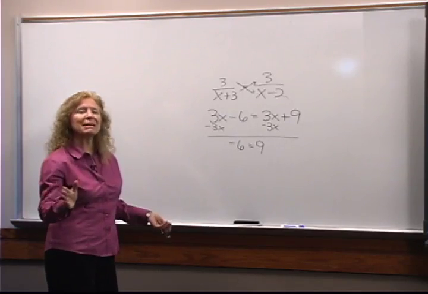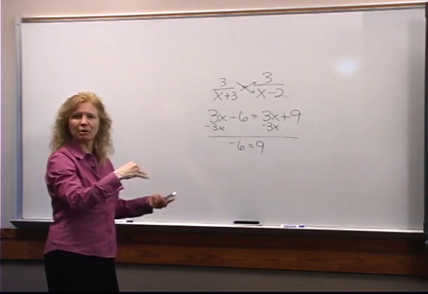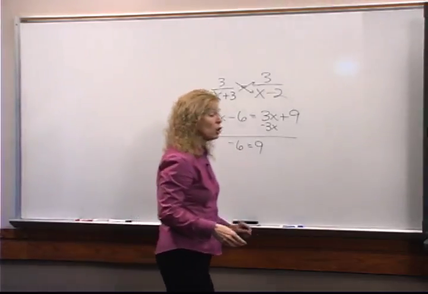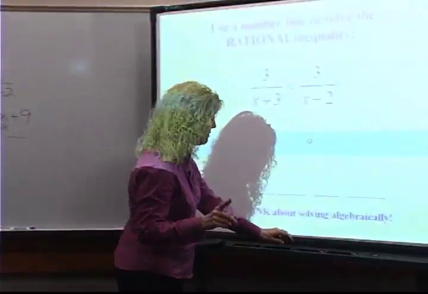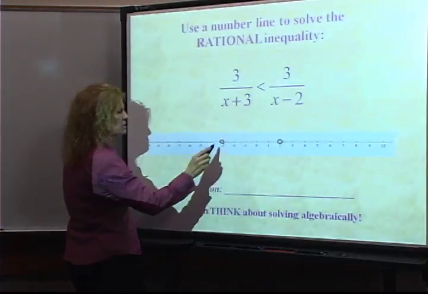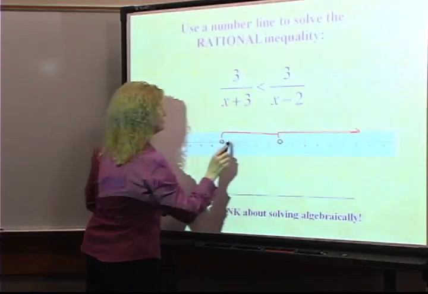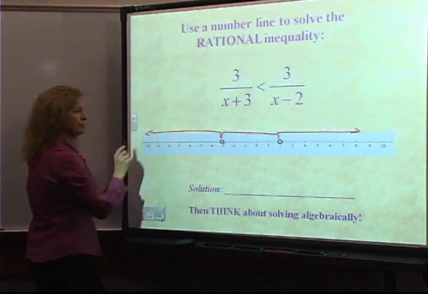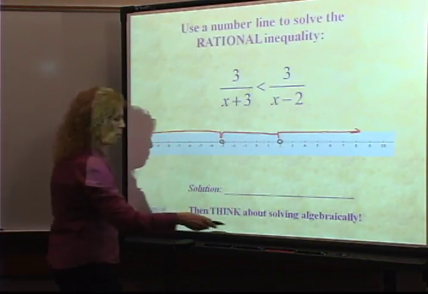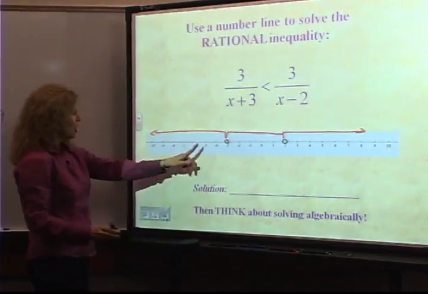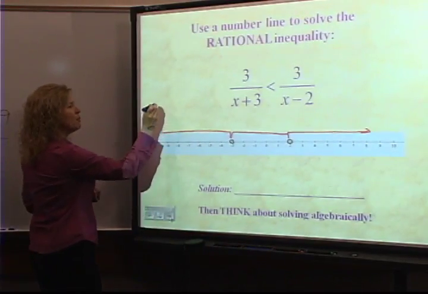Okay, simply means I don't have another point there to break things up. So I again just have 3 intervals. By the way, it isn't always 3, but I've got this interval, this one, and this one. Let's test some points. On the left here, let's take negative 4.